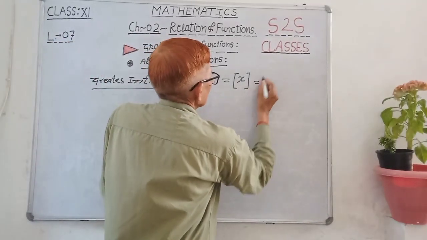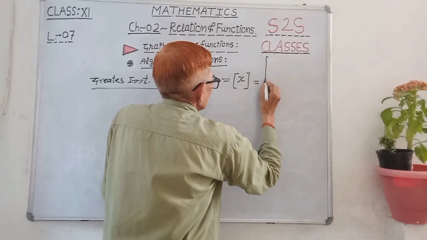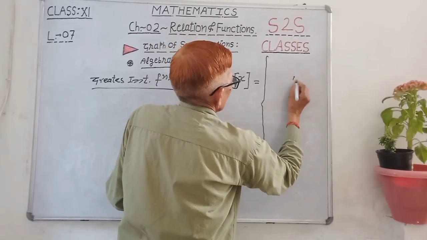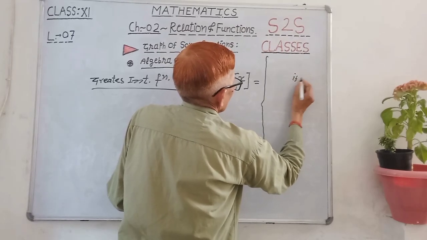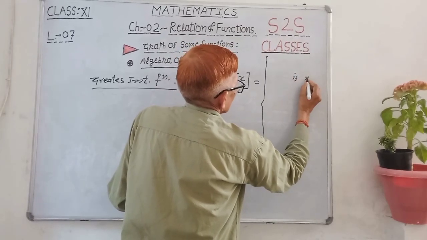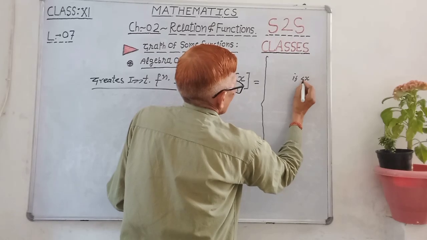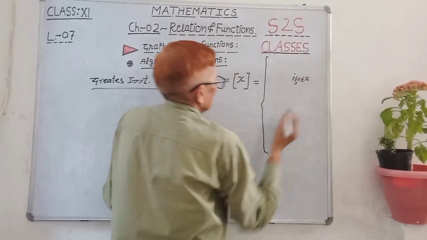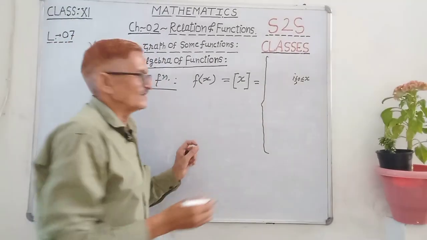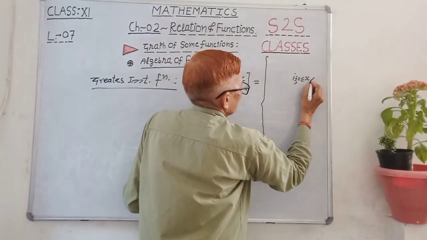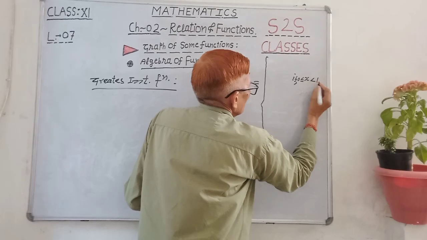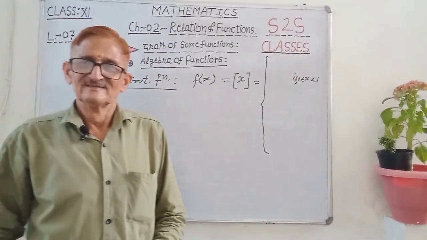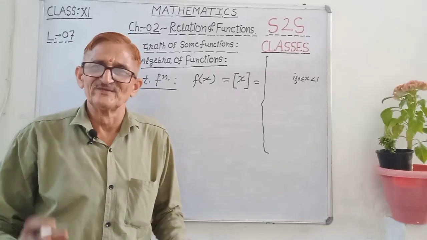Meaning of this greatest integer of x. What? If x is greater than or equal to 0 and less than 1, how many real numbers are there between 0 and 1?